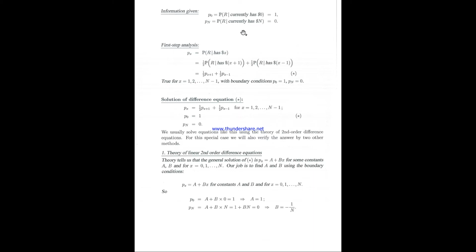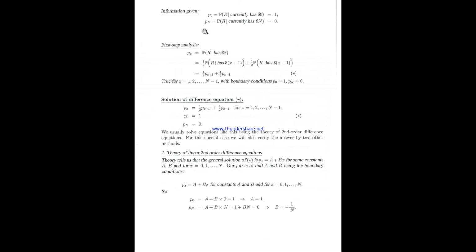On the other hand, if you have capital N amount in your hand, you have reached the maximum point of your game. In that case you cannot be ruined, you have already won the game, so the probability of ruin is equal to 0.